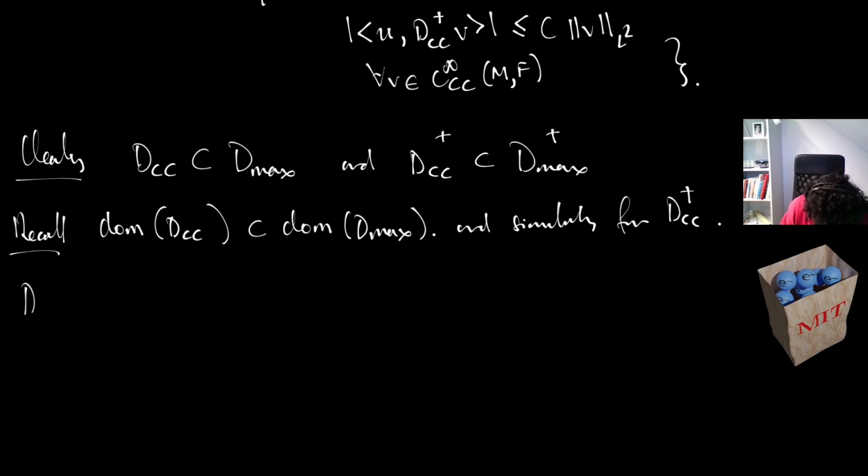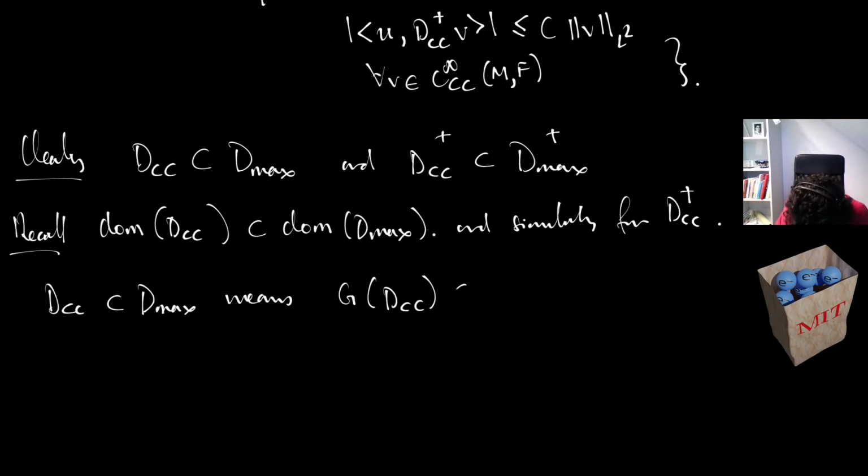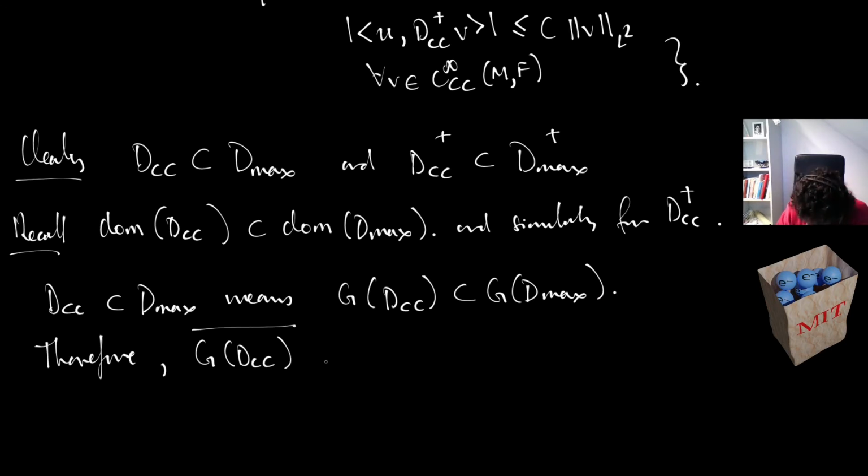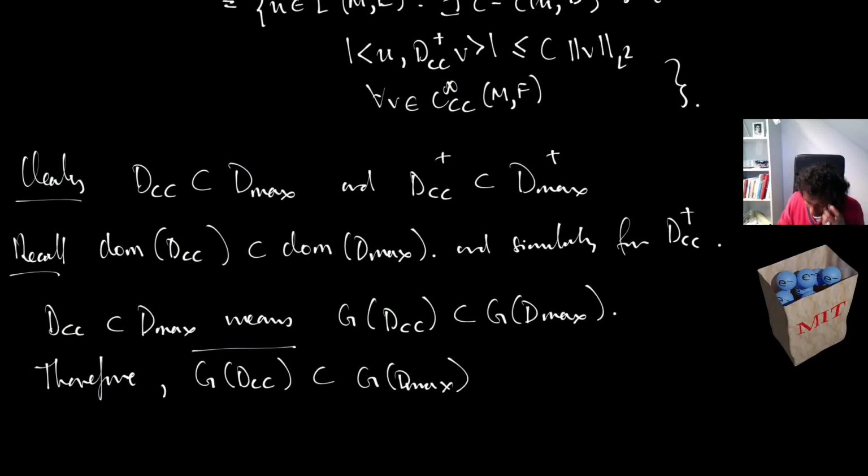So then I can define, let me maybe just write that. D CC in D max means that the graph of D CC is contained in the graph of D max. Therefore, the graph of the closure of D CC is also contained in the graph of D max, right? Remember, the adjoint is always a closed operator, right? So D max and D max formal adjoint are closed operators.